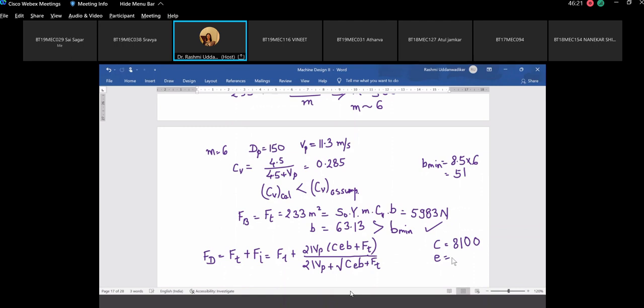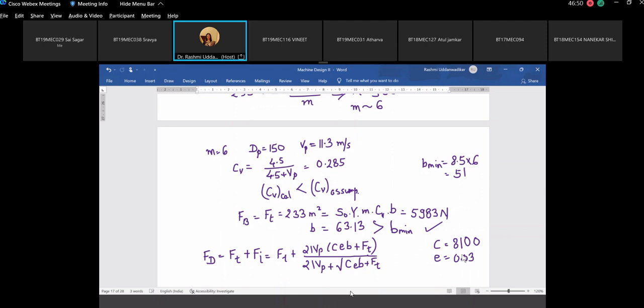What is the value of E? Perfect. It is 0.03 probable error. This is from the graph of probable error versus module, where the class of the gear is carefully cut gear.